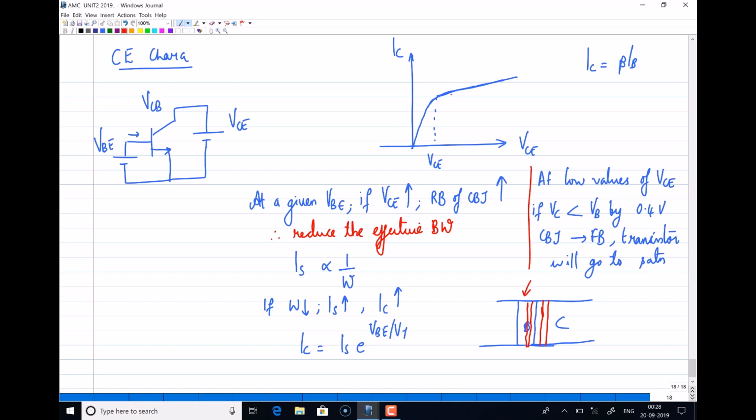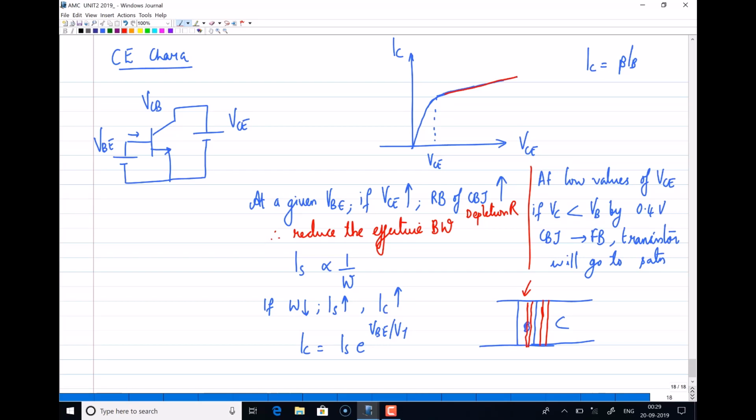So what is actually happening here? As we increase VCE, the reverse bias of this junction increases. When the reverse bias increases, naturally the depletion region width increases, and that will affect the base region because base is very thin.